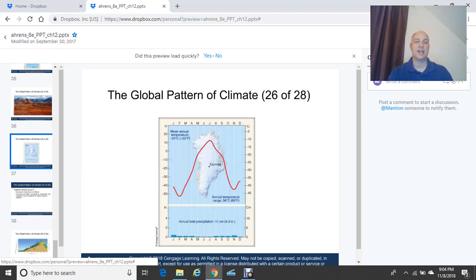Throughout the whole year, they only get 4.3 inches of precipitation to fall from the sky in Greenland. The red line indicates a significant temperature curve. You notice that July is the warmest month for Greenland, and when I say warmest, I'm only talking about 12 degrees Fahrenheit above zero for the average temperature in July. The coldest average temperature is in February for this location, Esmeet, Greenland.